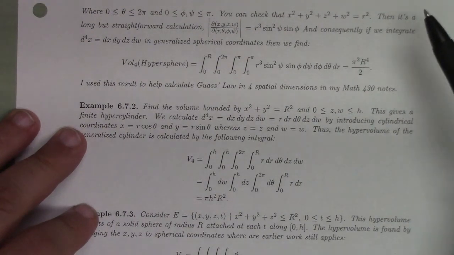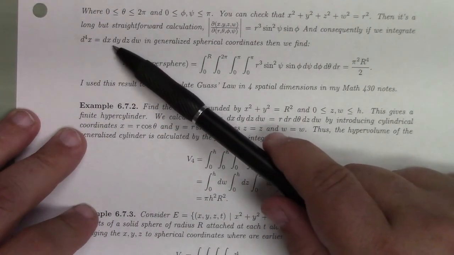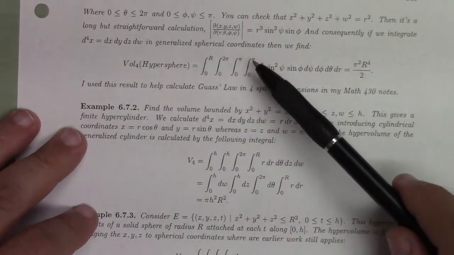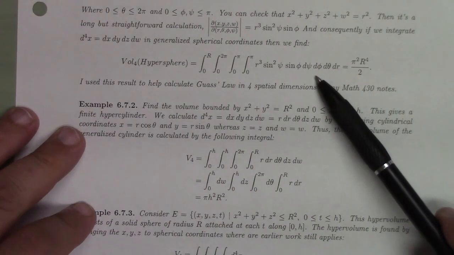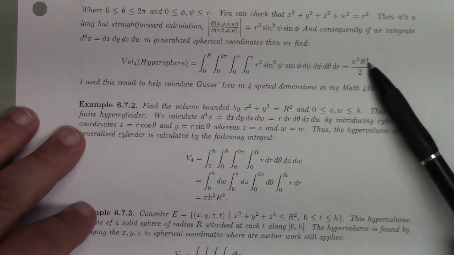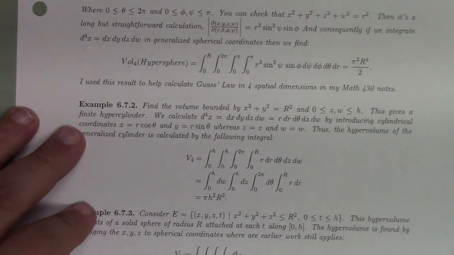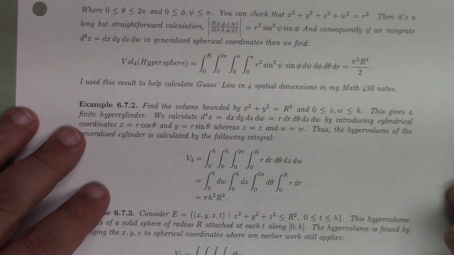And consequently, if we calculate the four-volume in generalized spherical coordinates, we'd integrate this bad boy here, and if you work it out, you get pi squared r to the 4th over 2, which is kind of cool, I suppose.